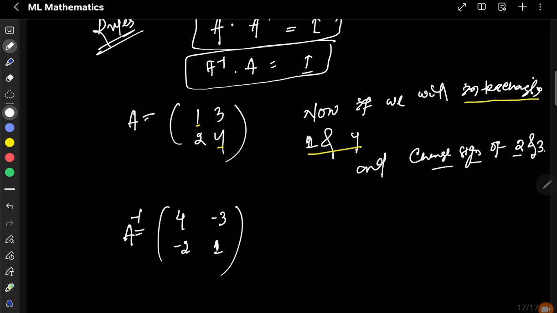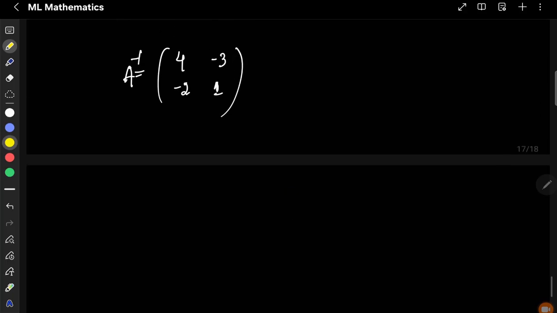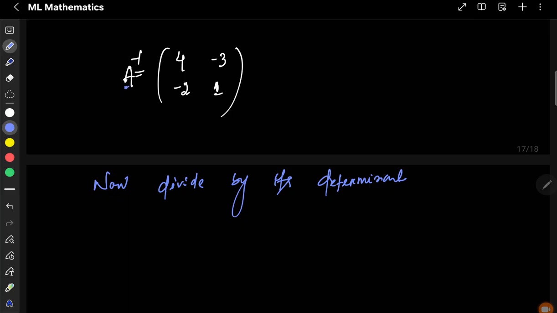This is easy, right? Now you have to divide by its determinant. So this is not the final inverse I am talking about.